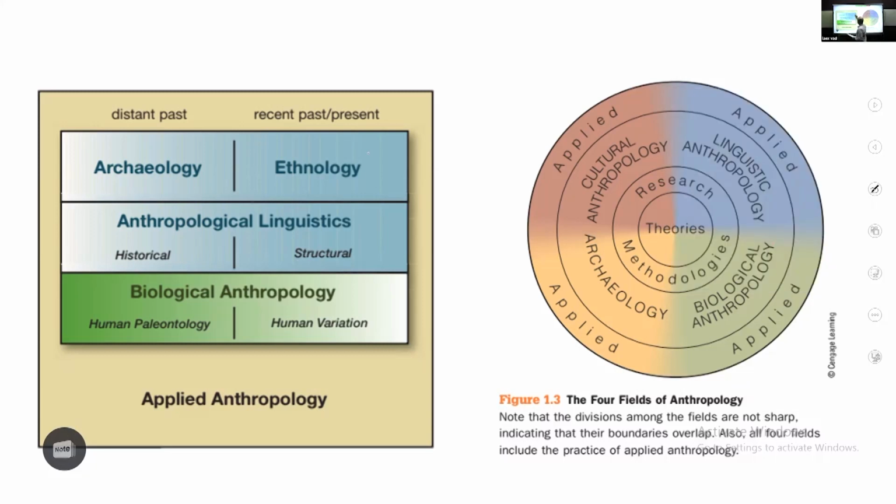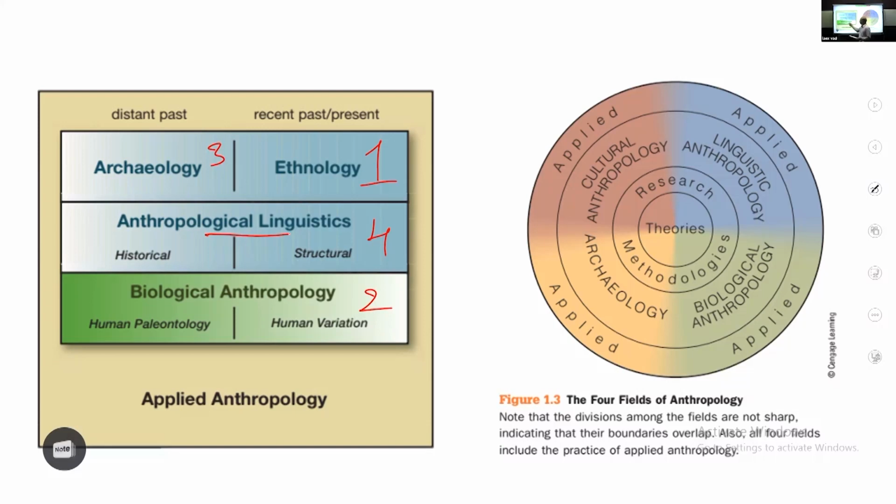Yes, this is ethnology or sociocultural anthropology, and then biological, physical anthropology, archaeology and linguistic anthropology. And you can elaborate, draw this, and in each area you can also talk about the sub areas. For example, in linguistics, what are the sub areas? In this picture, they're showing historical linguistics and structural linguistics.